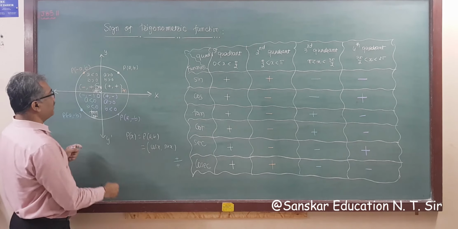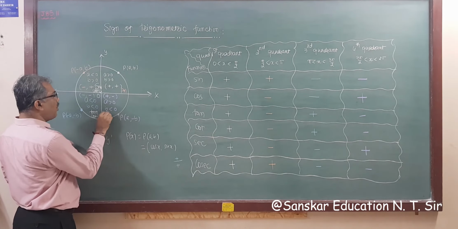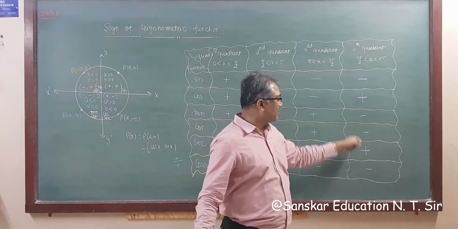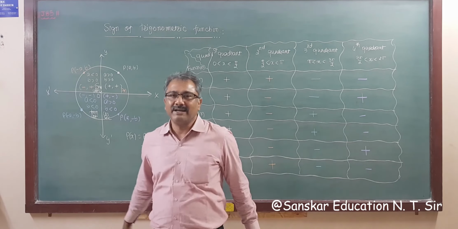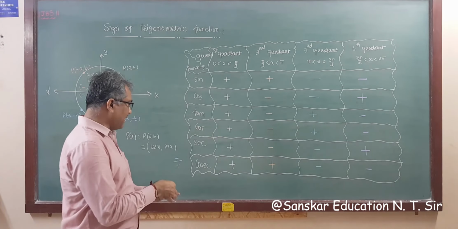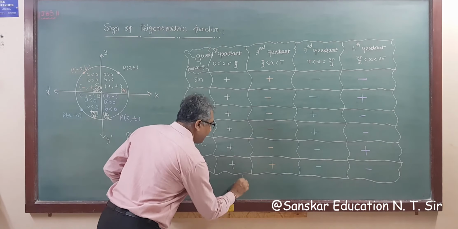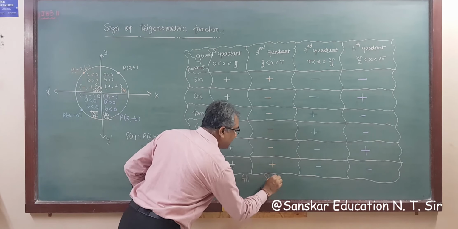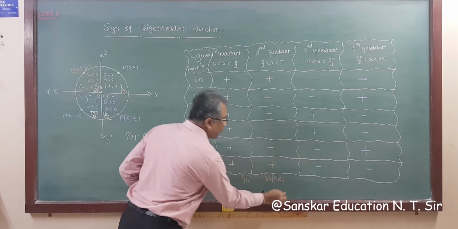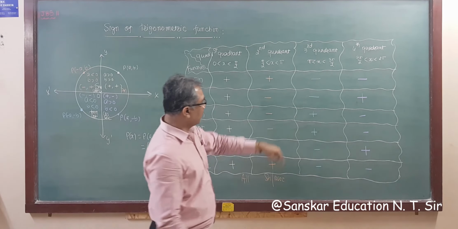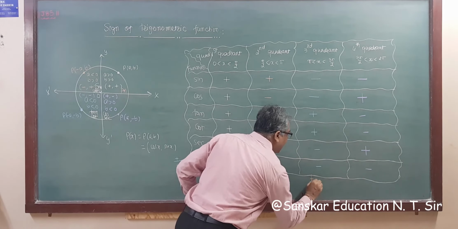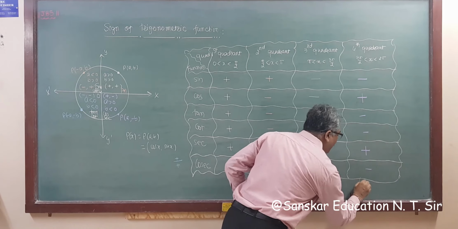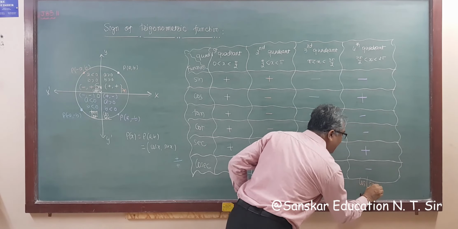And in the fourth quadrant, cos and its reciprocal sec are positive, all others are negative. So what do you have to remember? All, here sine and cosec positive, in the third quadrant tan and cot are positive, and here cos and sec are positive.